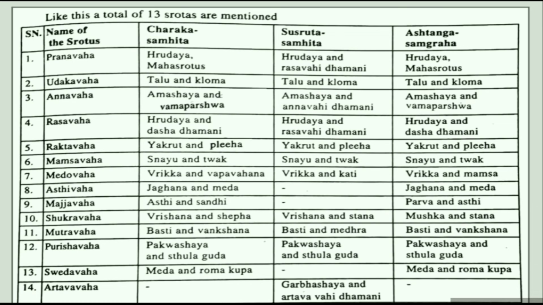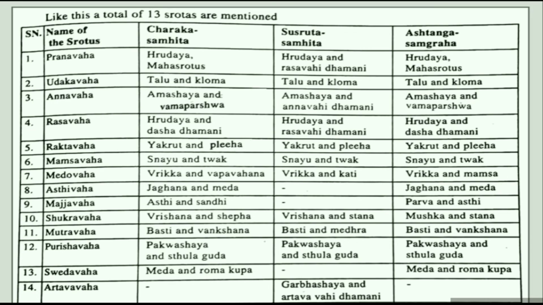Shushruta Samhita didn't give any explanation about the roots of Majjavaha Shrotas. The root of Shukravaha Shrotas is Vrishna and Shepa according to Charaka Samhita, Vrishna and Sthana according to Shushruta Samhita and Ashtanga Sangraha. The roots of Mutravaha Shrotas are Basti and Vankshana according to Charaka Samhita and Ashtanga Sangraha, but according to Shushruta Samhita, the root is Basti and Medra.